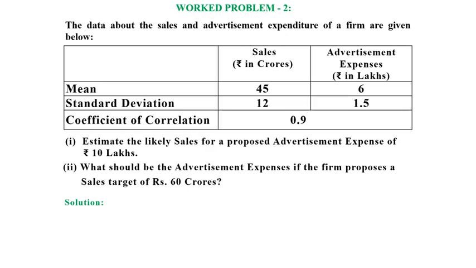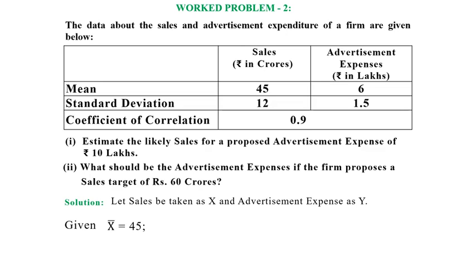First of all, obtain or understand what is given. So let us take sales as x and advertisement expense as y. Given x bar is 45, y bar is 6, standard deviation of the x series is 12, standard deviation of the y series is 1.5.